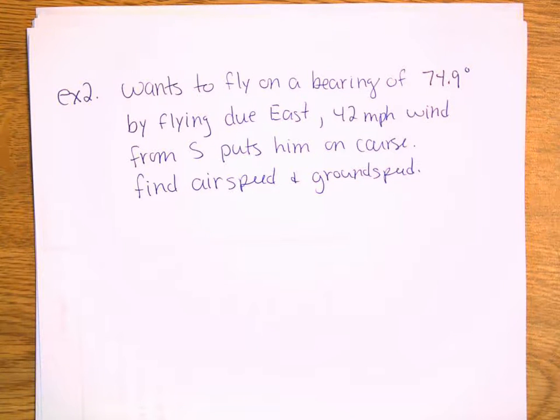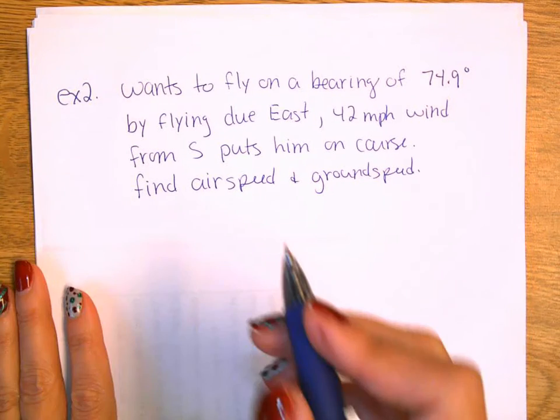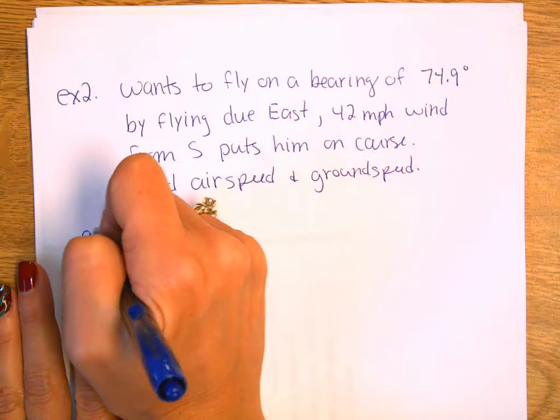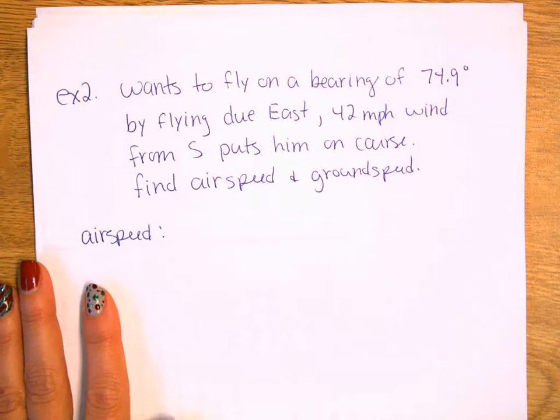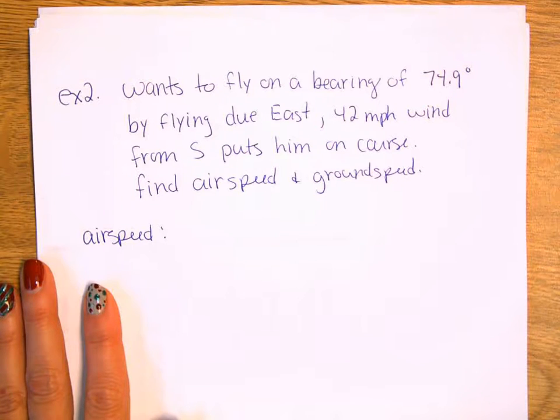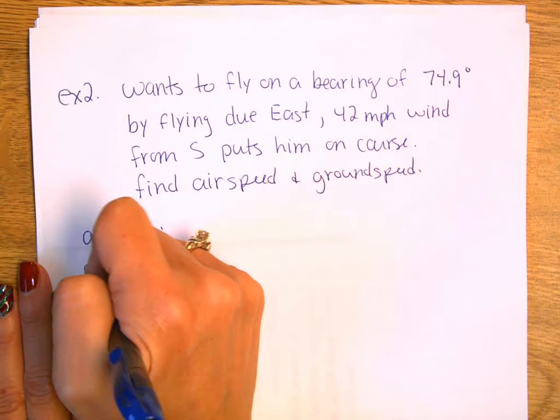Okay, your best bet on these airplane problems is to identify the 3 forces, your airspeed, your wind, and your ground speed, and pull everything out that you know. So, airspeed. What do I know about this vector? Tell me what you do know here.